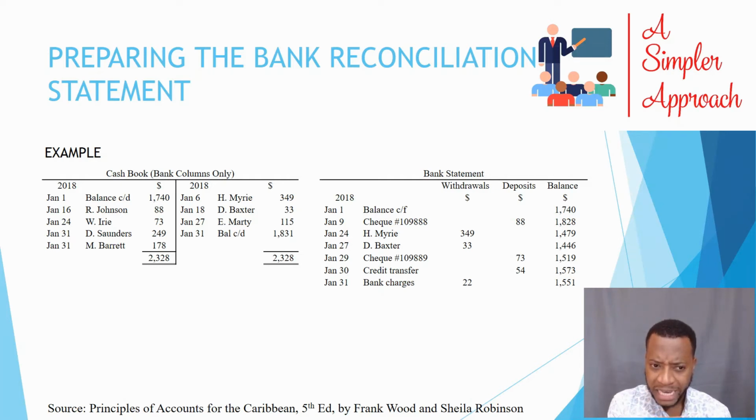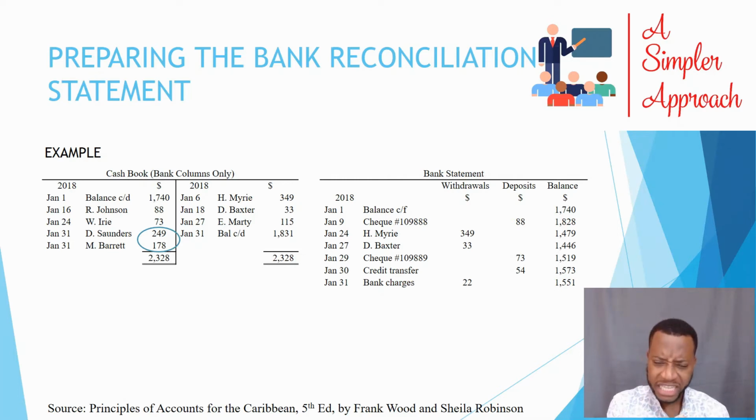Now, 88 is in the cash book and the bank statement. 73 is in the cash book and the bank statement. But these 2, they are in the cash book, but they are not on the bank statement, on the deposits side, that is. All right, cool.